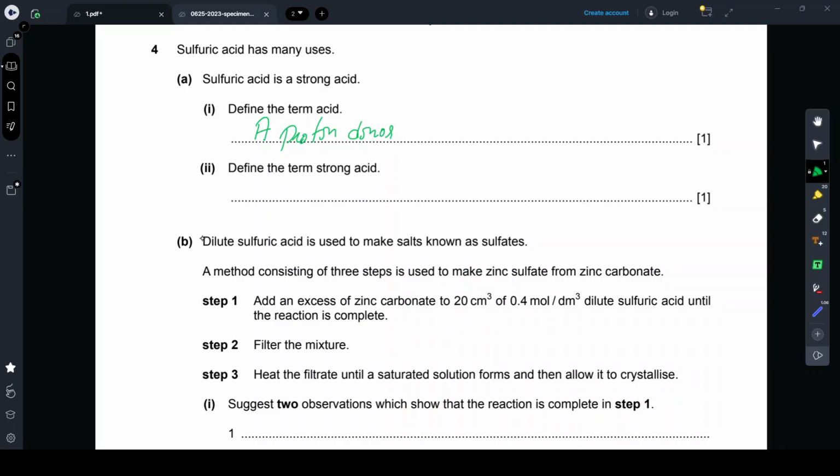A strong acid is an acid that completely ionizes into ions in aqueous solution. So you're correct, but the only thing is instead of ionize, you want to use the word dissociates. Okay.